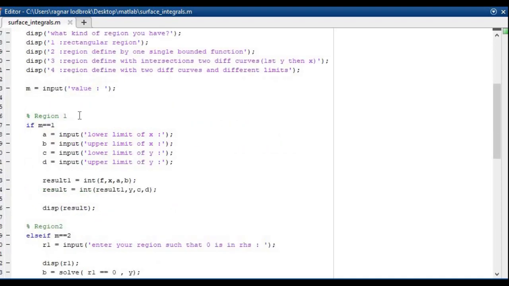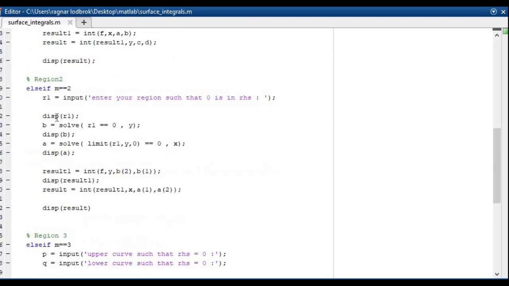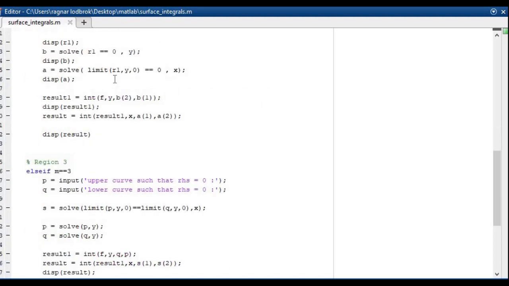So the first one is the rectangular one, which is the simple one. You just need to know the limits of x and y, and you can just integrate both in any order. The second one is a region defined by a single closed curve, which is basically where you solve the region for the limits of y and the limits of x.